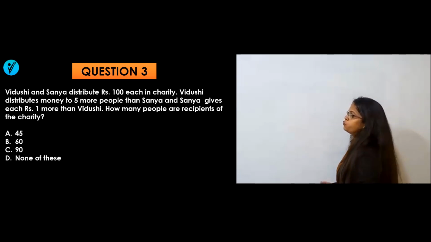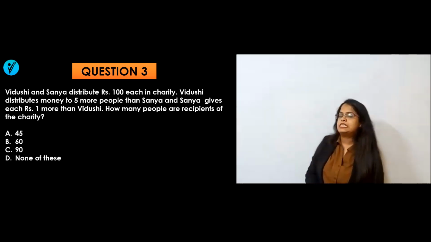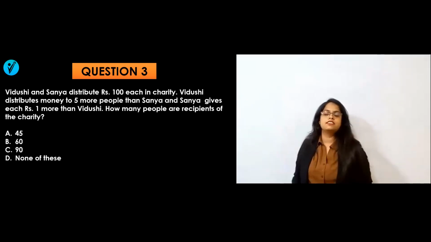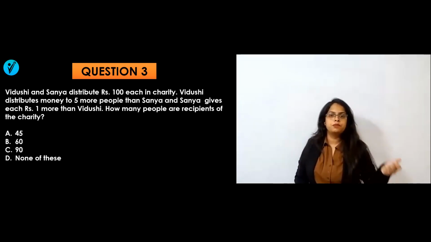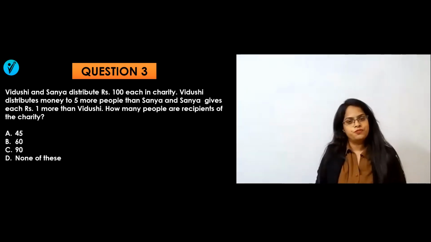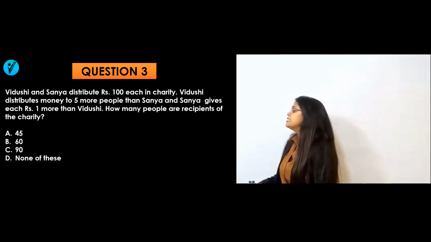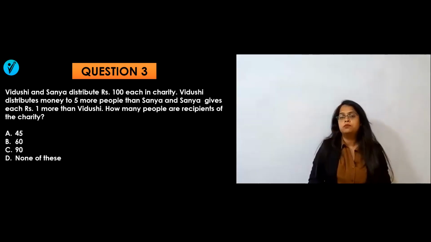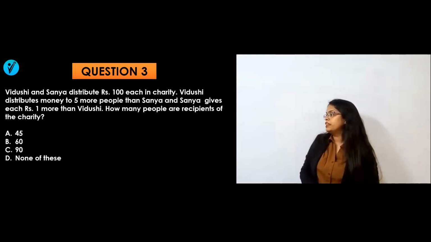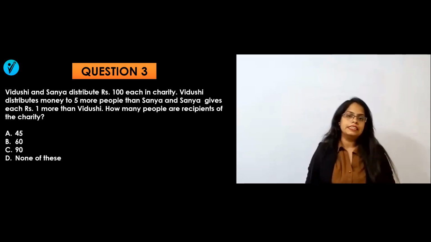Vidushi distributes money to 5 more people than Sanya. Means if Sanya distributes to X people, Vidushi will distribute to X plus 5 people because 5 people are extra. And Sanya gives each ₹1 more than Vidushi. How many people are recipients of the charity?